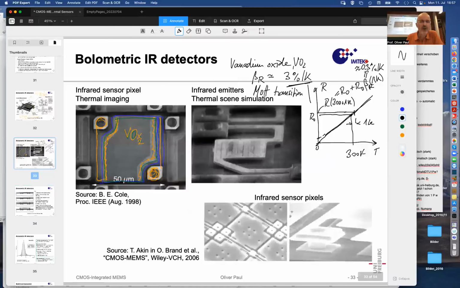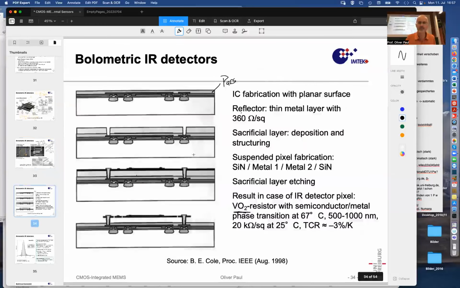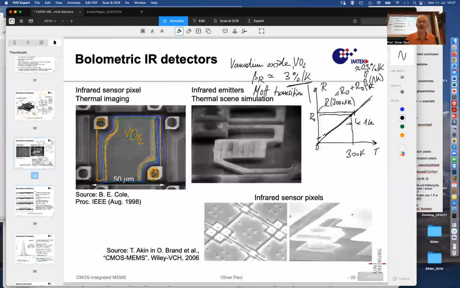And if we look at this, it almost looks like a square. Maybe it's a little bit wider than long. So this may be actually half a square effectively. So the resistance of this object might be estimated to be somewhat below 25 kilo ohm, maybe 15 or so kilo ohm. And the temperature coefficient of resistance is actually -3%, not +3%.